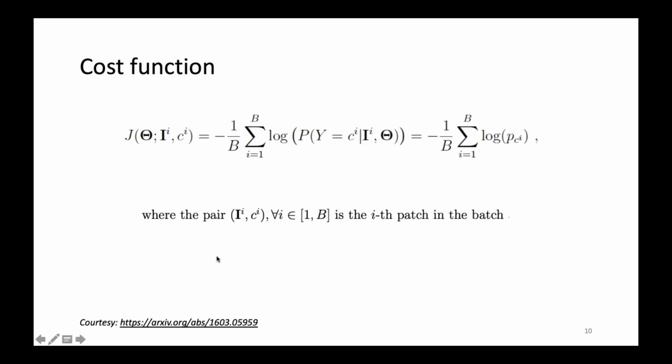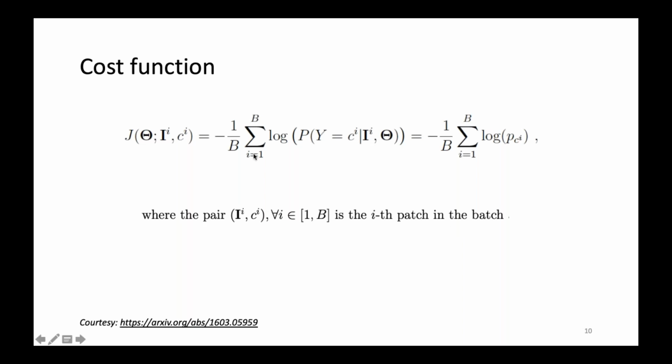Now, again, the cost function. CNNs are trained in batches, right? Suppose I is the ith patch in a batch. In a batch, we create patches of parts of the images, and the CNN is trained on the patches.